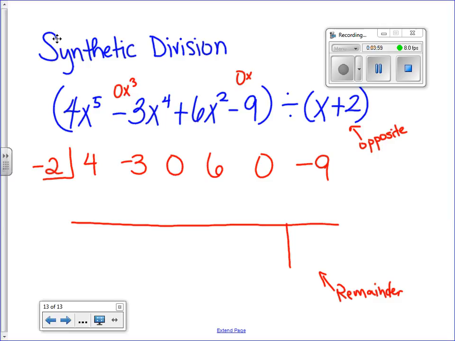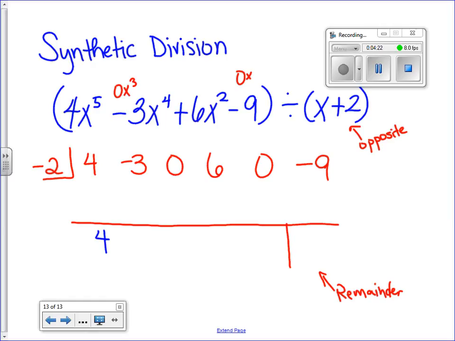First thing you do, you bring this number straight down. Okay, done the first step. Now the multiply add part starts. Multiply these two numbers.